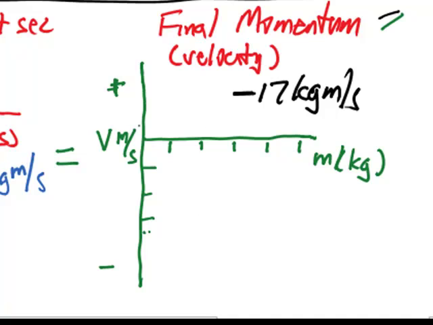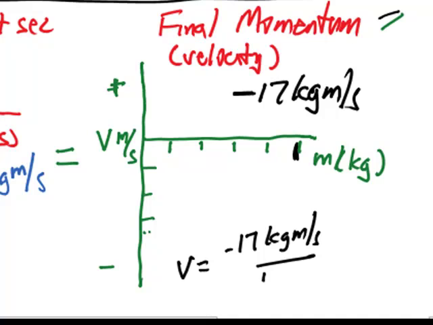We know that the rectangle still has to be 5 kilograms wide. There's no change in the mass. 1, 2, 3, 4, 5. And what do I have to do for velocity? I know my velocity is going to be equal to about negative 17 kilogram meters per second divided by my 5 kilograms. And it tells me it's about minus 3.4 meters per second.